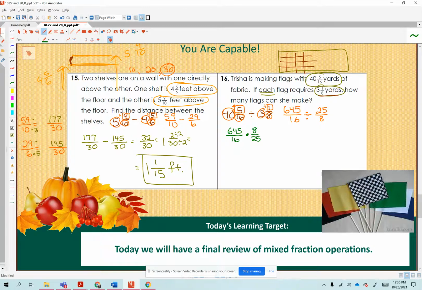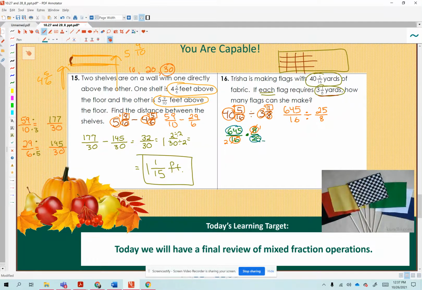So we can make this problem a lot simpler. First, let's look at the 8 and the 16. I know that those are multiples of 8. So 8 divided by 8 is 1. 16 divided by 8 is 2. I also see that 645 and 25 are both multiples of 5. So I will divide those both by 5.